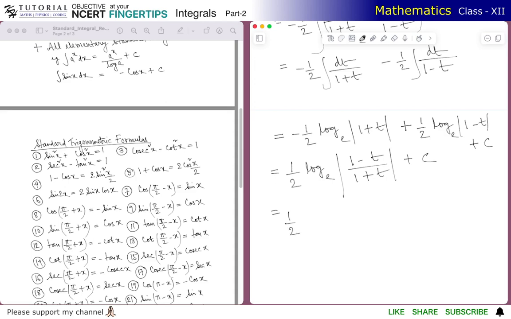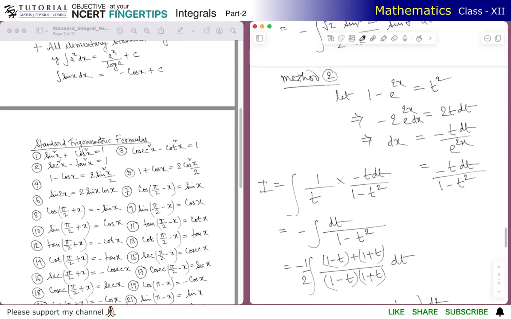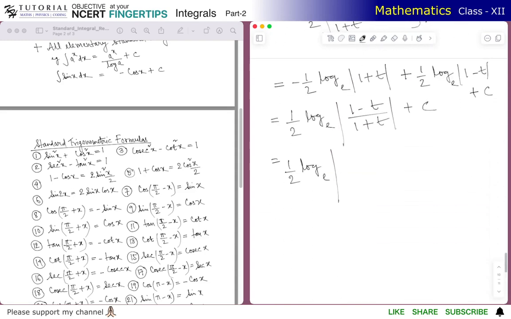Now if we substitute back, the t was root over 1 minus e to the power 2x. Now the term inside the log, the argument to log, perhaps can be simplified by using rationalization. We rationalize the numerator and the denominator.